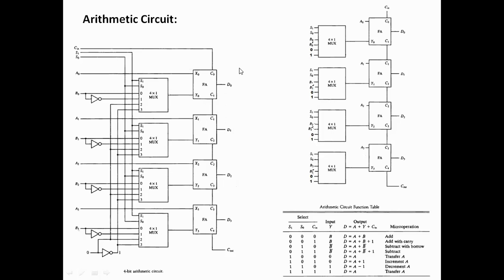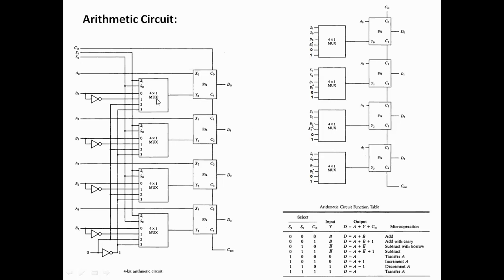And we say that this second input of each full adder is decided by a multiplexer, and the output of the multiplexer is controlled by the control lines, right? These are selection lines of the multiplexer. So which operation among these you have to perform depends on these control lines, and also the carry line.